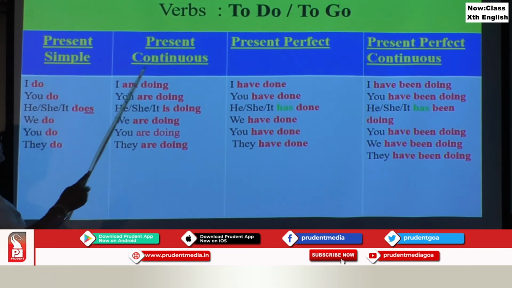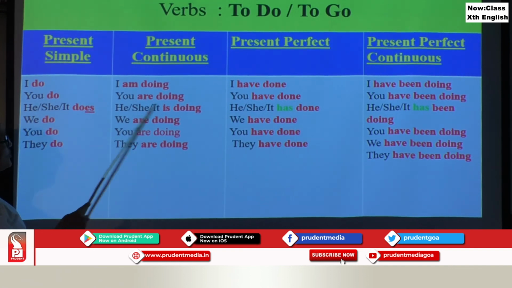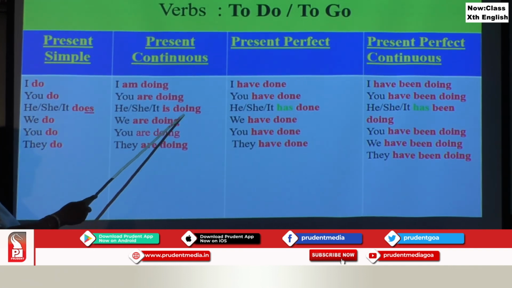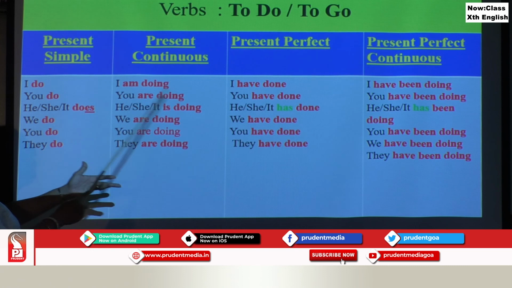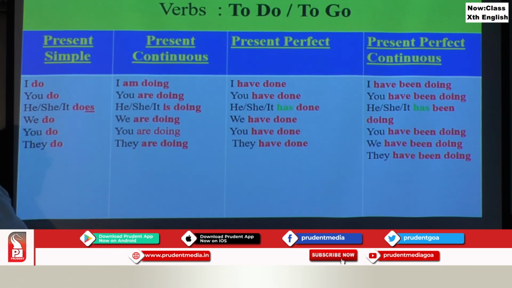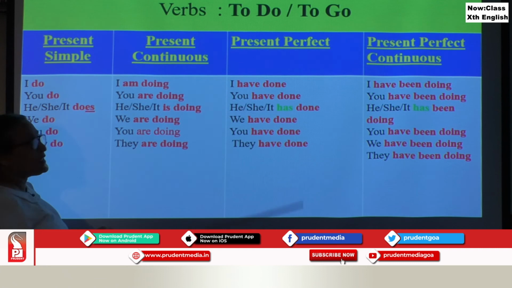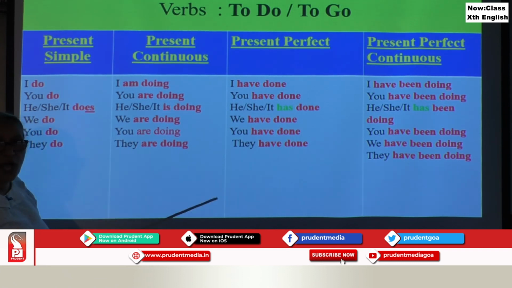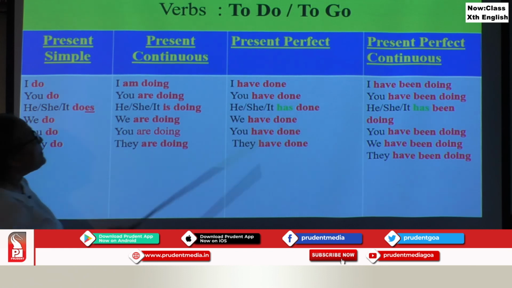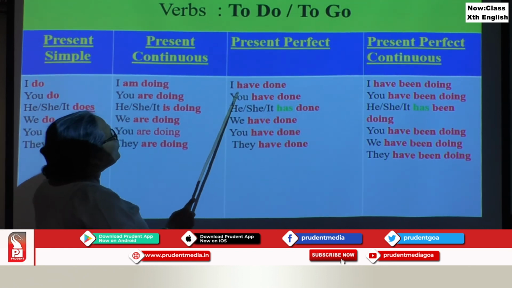So present continuous will be I am doing, you are doing, he, she is doing. Past continuous will be I was doing, you were doing, he, she, it was doing, we were doing, you were doing, they were doing. Future continuous will be I shall be doing, you will be doing. What is present perfect of verb to do?